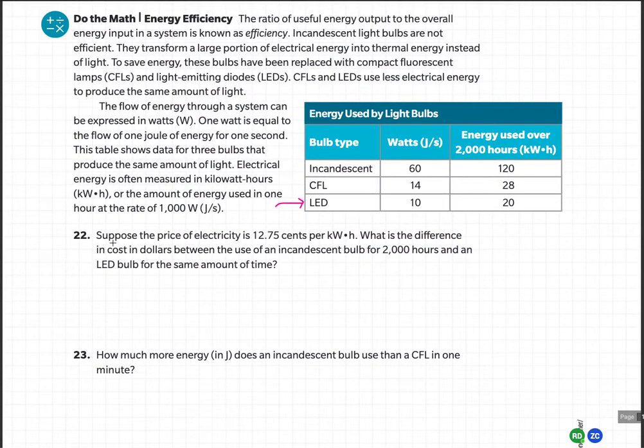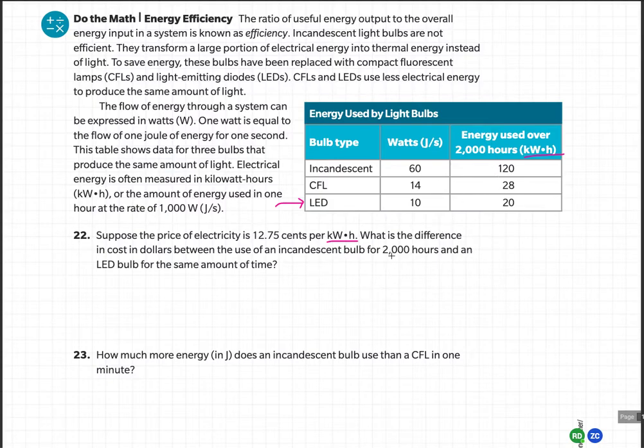So this says, suppose the price of electricity is 12.75 cents per kilowatt hour. Okay, per kilowatt hour. These are already in kilowatt hours. What's the difference in cost in dollars between the use of an incandescent bulb for 2,000 hours and an LED bulb for the same amount of time?